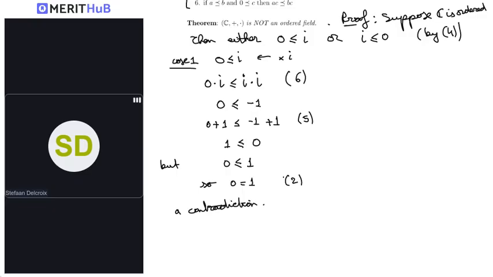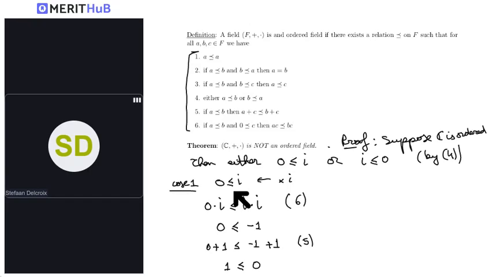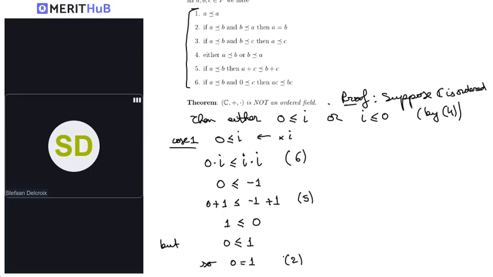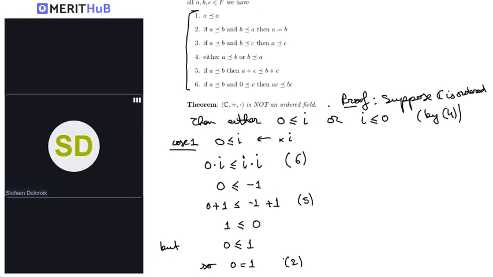We're not done yet. But what that means is that if somebody would be able to order the complex numbers, i cannot be positive, because 0 less than or equal to i leads to a contradiction. So what if it's the other one? So what if i is less than or equal to 0?